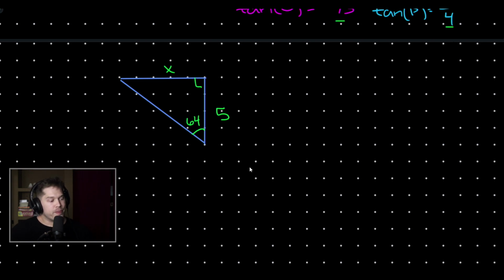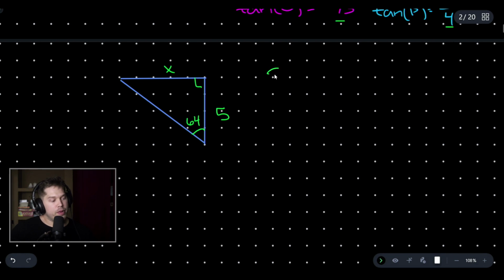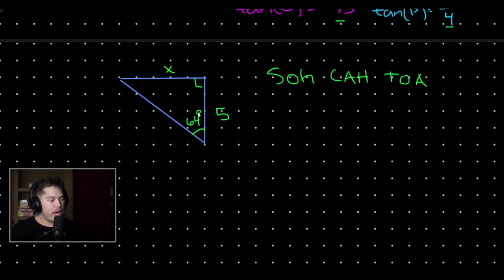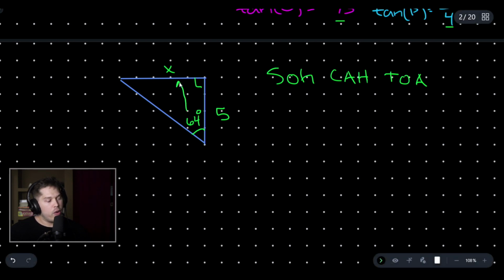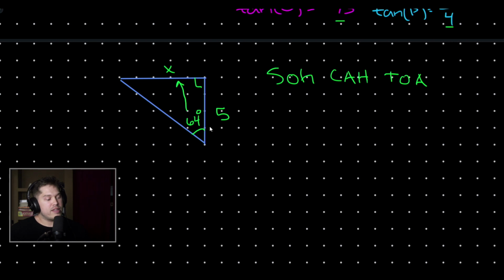So what can we do? Well, think again, what we have to remember is SOHCAHTOA. This is what we're going to be using whenever we solve all of our right triangle problems. And in respect to the 64 degrees, what do we have? Well, our unknown is our opposite side, and next to 64 degrees is our adjacent side.